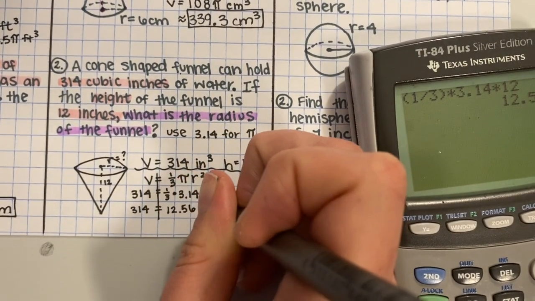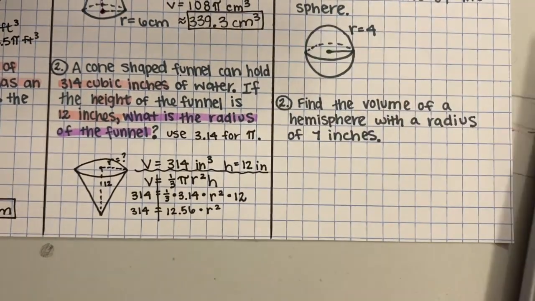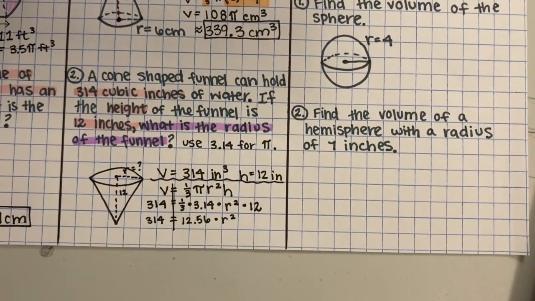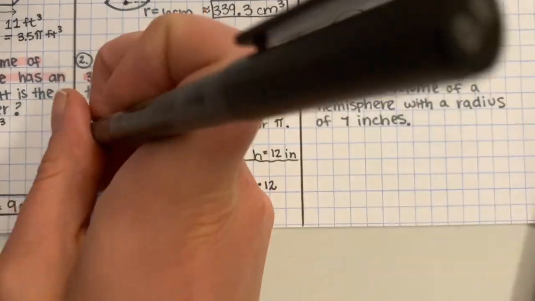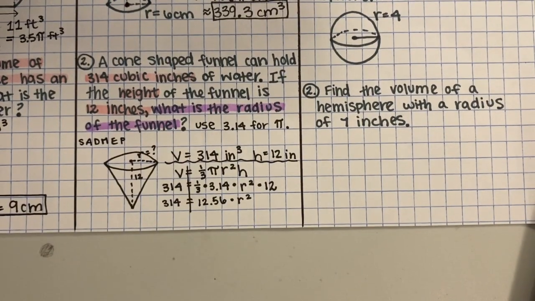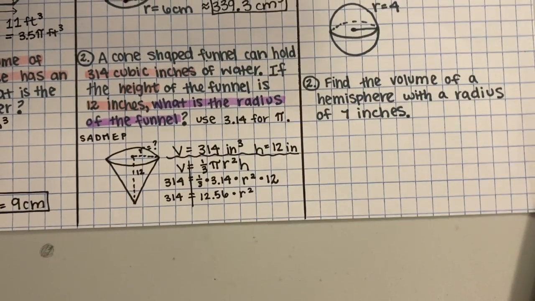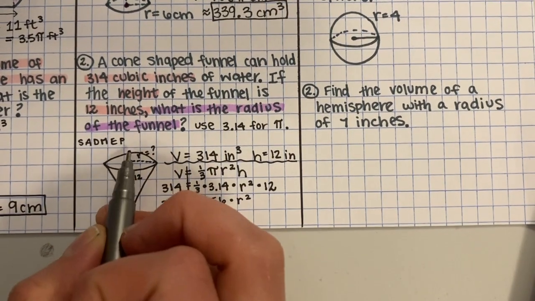times r squared. If we're thinking about reverse PEMDAS, so the reverse of the order of operations, and we go into more detail in my video on solving single variable equations, so SADMEP.